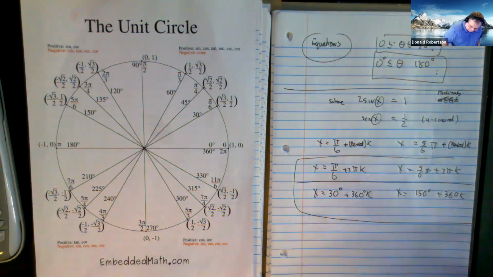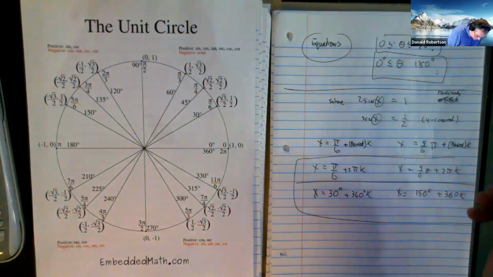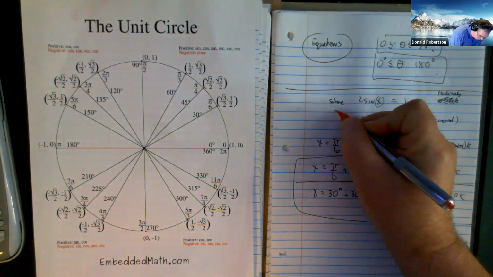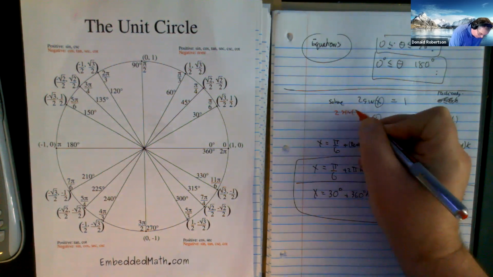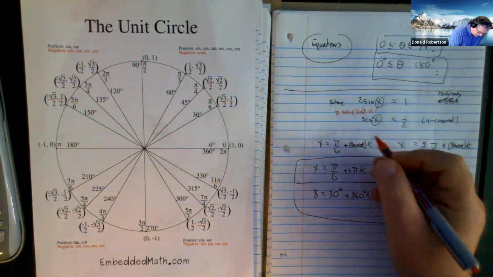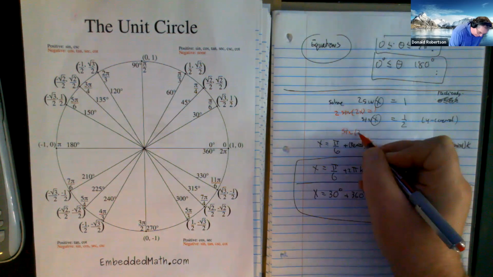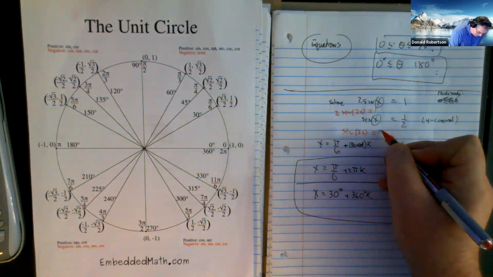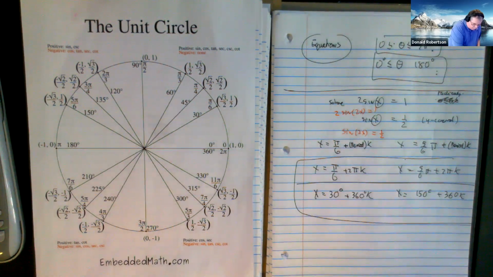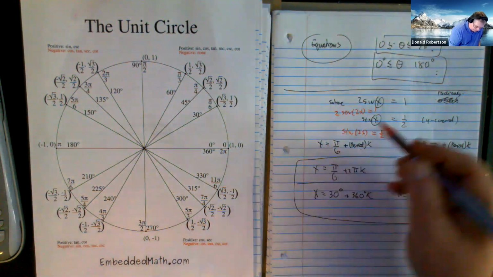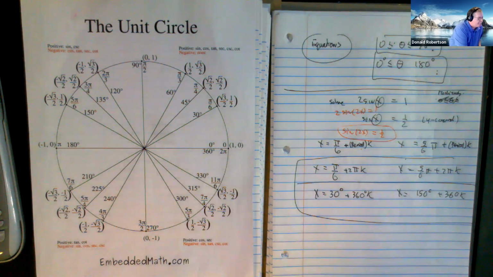What would have happened if this question had been 2 times the sine of 2x equals 1? In other words, the sine of 2x equals a half. What would the period change to in this new question? We did this yesterday. What's the period of a sine of 2x?